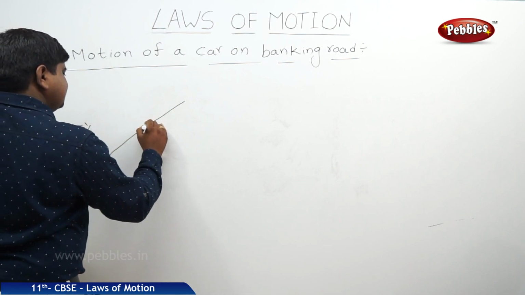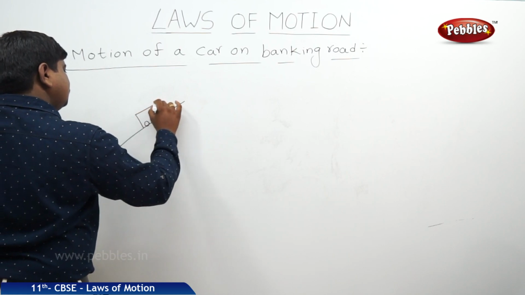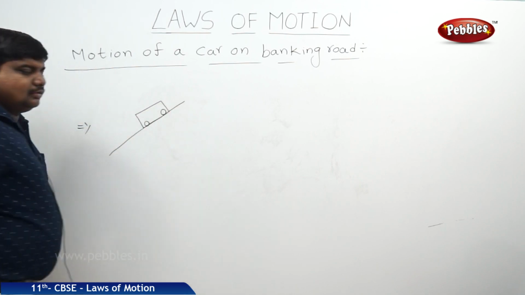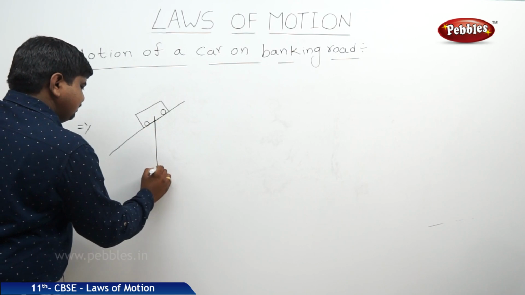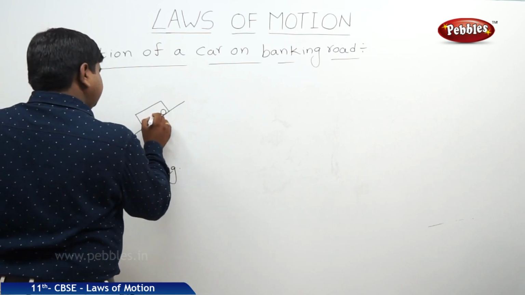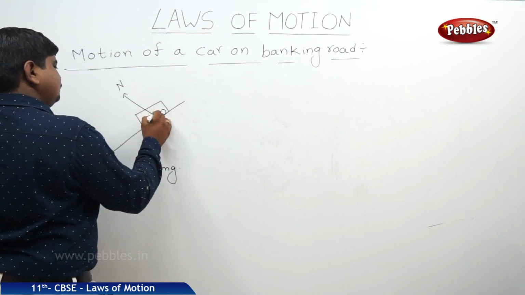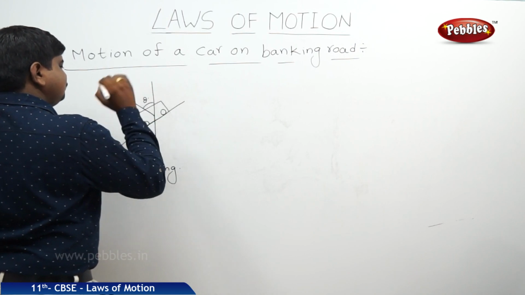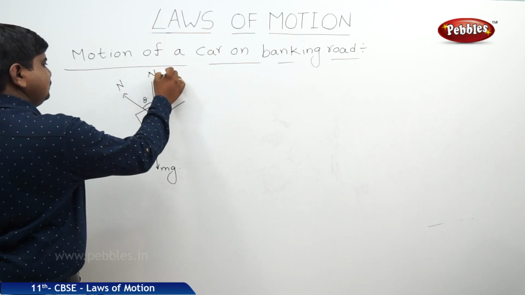On this, one vehicle is like this. The force acting on the body approximately downward is mg. This is the normal reaction force. Because of that, this is the angle between these two. This will be n cos theta.